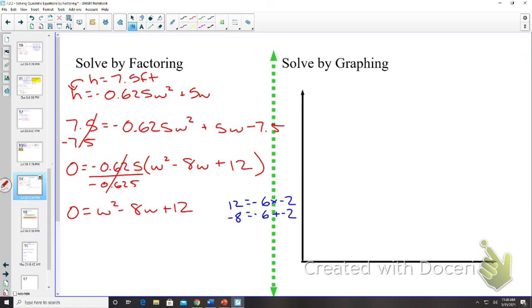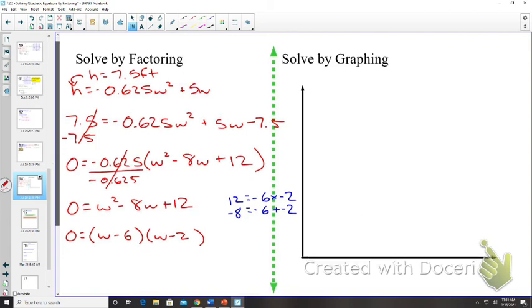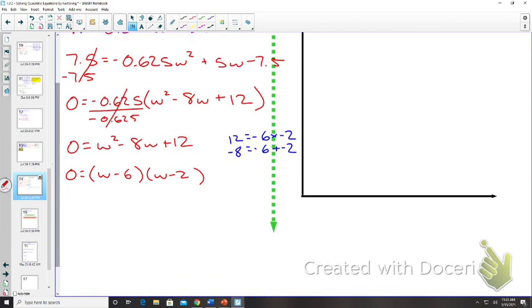So I'll separate this into w minus 6 and w minus 2. Setting each equal to 0, w minus 6 equals 0, so w is equal to 6, and w is equal to 2.